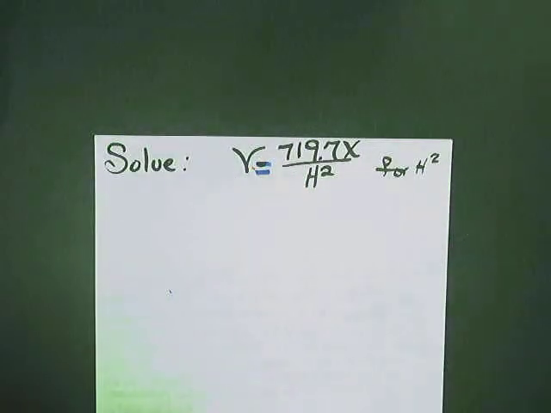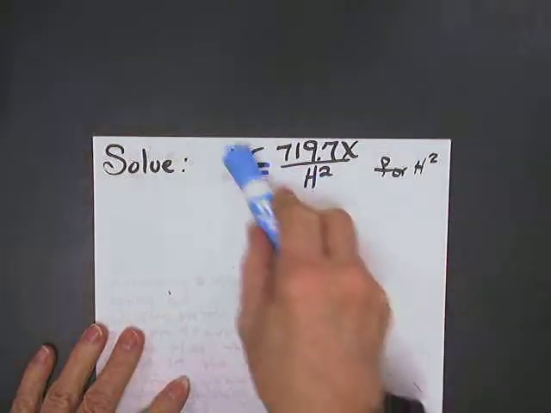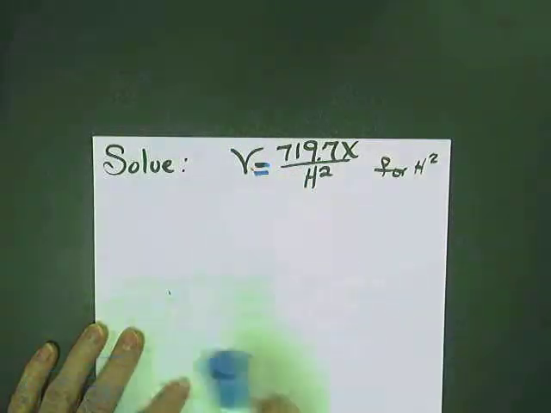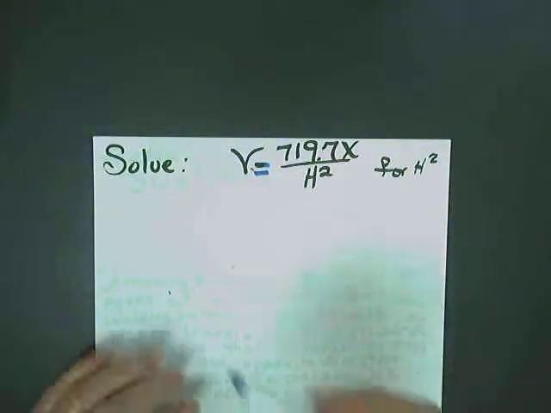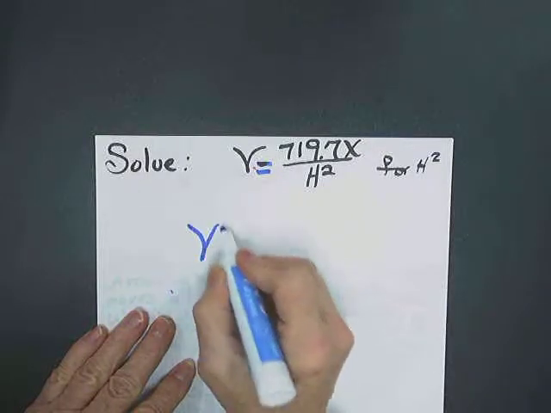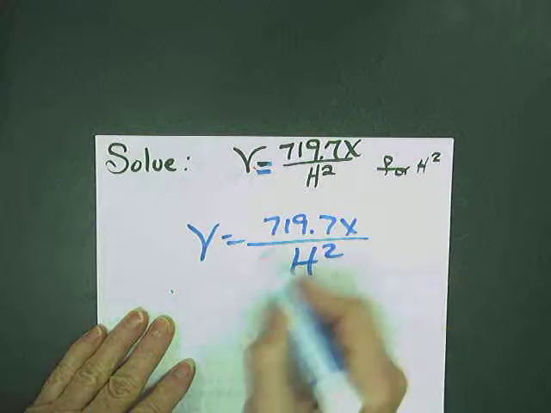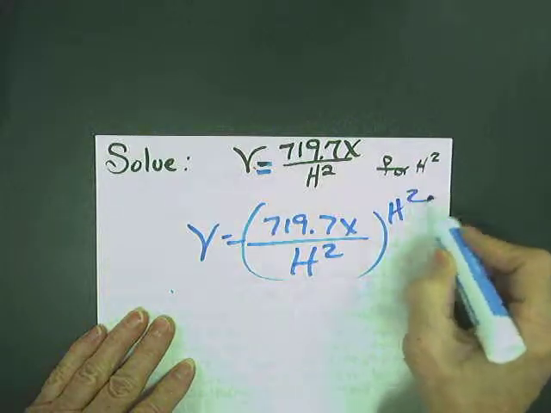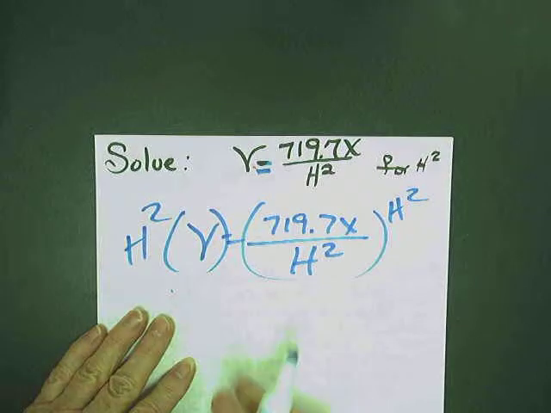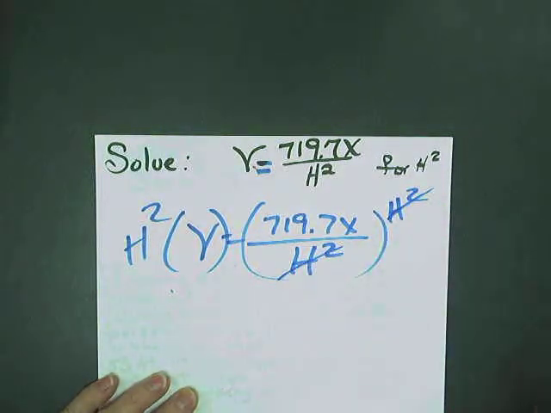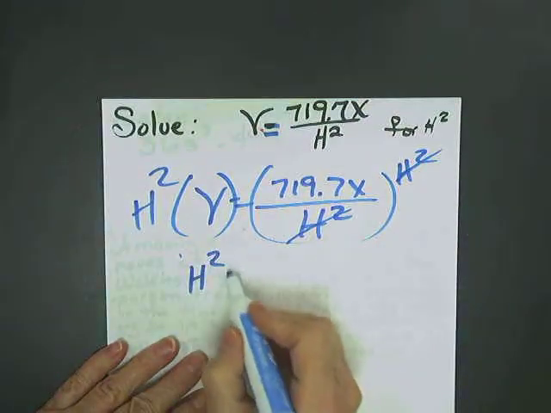Solve. You probably have a couple of them where you have to solve for a letter. You can actually just trade these, can't you? Let's show why we can trade those. Okay, if we have this, to get rid of the fraction, we multiply by h squared, right?